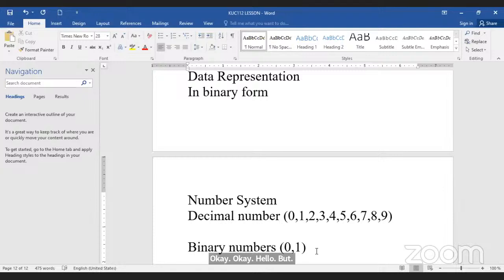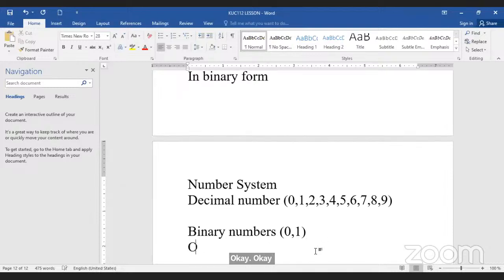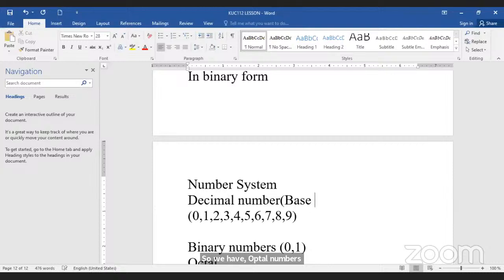Apart from that, we have octal numbers. Decimal numbers, because there are 10 digits, we call them base 10 numbers.